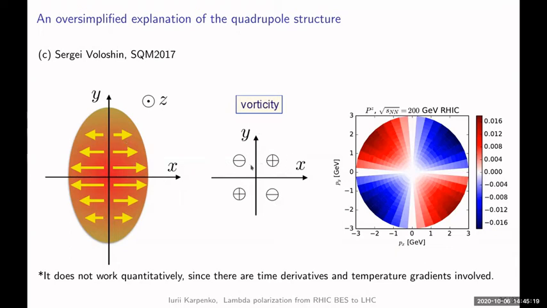And because the polarization is proportional to the thermal vorticity, which is in turn proportional to the gradients of the velocity field, this naturally emerges as a quadrupole structure in the longitudinal polarization. So that's the oversimplified explanation of the effect, let's say.